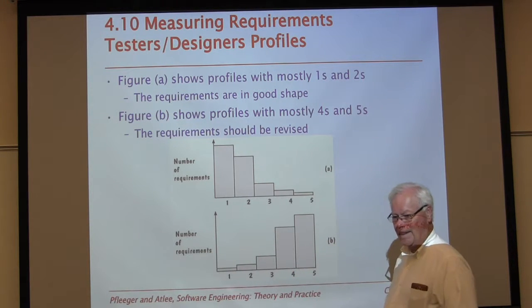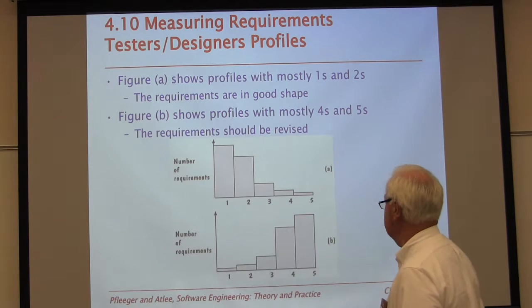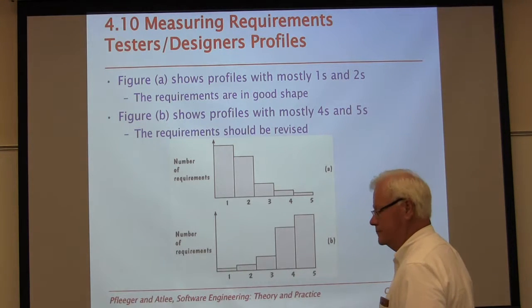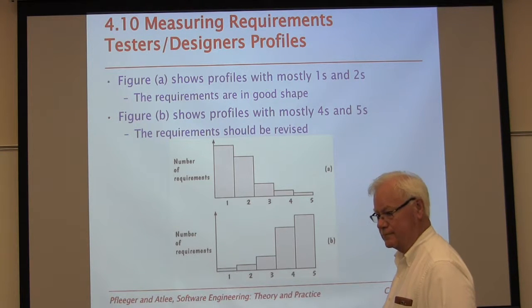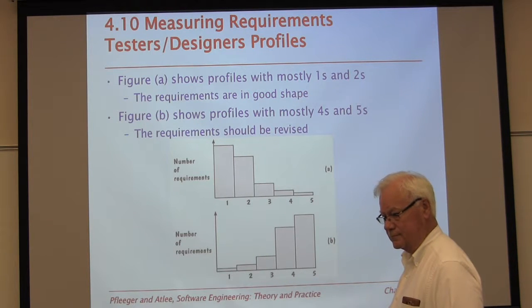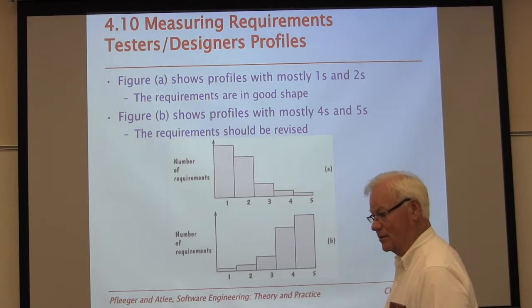Most of your requirements are in bad shape. Yeah, because you may have, let's just use arbitrary numbers for number 1 there, 100 requirements, and they're going to take X amount of time. Well, the 5 more complex requirements may still take X amount of time, the same amount of time that it took to do the 100. That's correct.